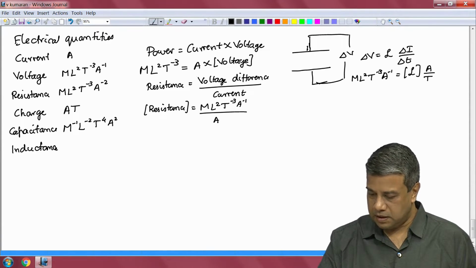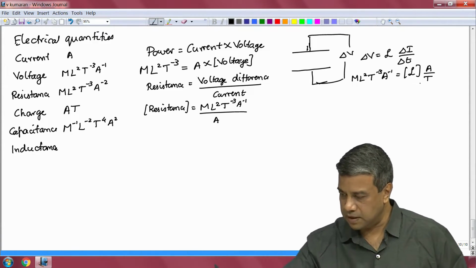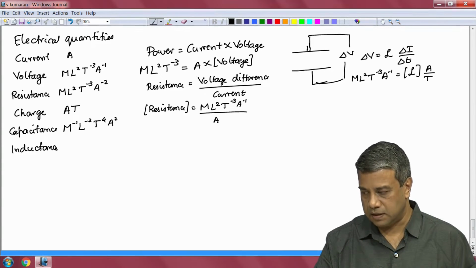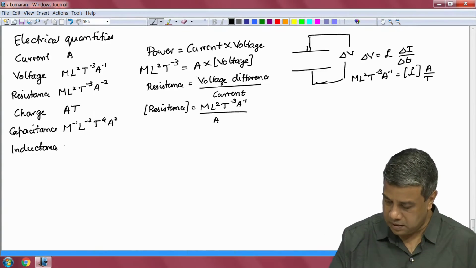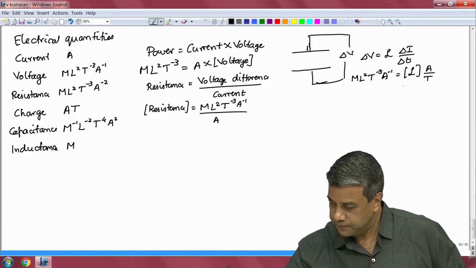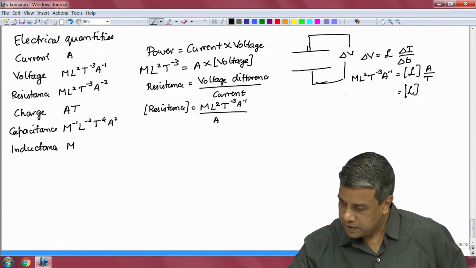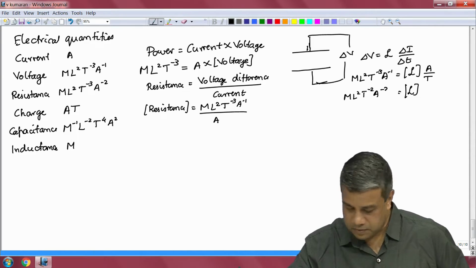And therefore, you can get the dimension of inductance by multiplying both sides by T and dividing by A, and you will get the dimension of inductance as M L square T power minus 2 A power minus 2.